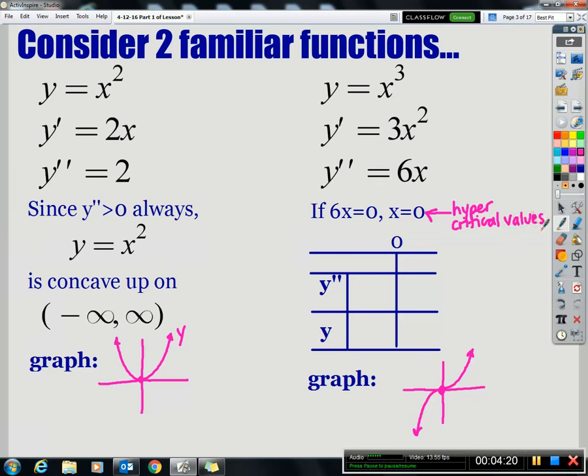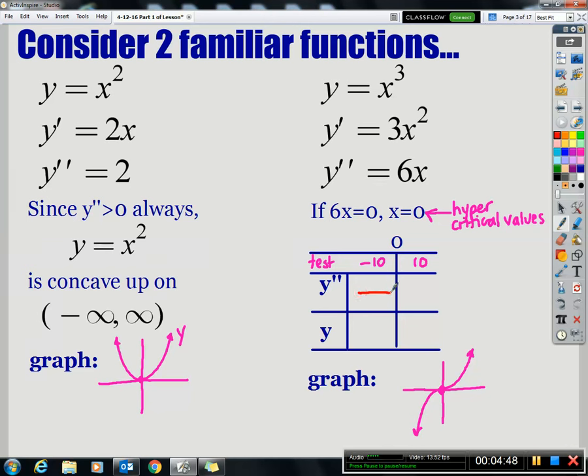When you find when y double prime is 0 or when y double prime does not exist, you're finding what are called hypercritical values. So I'm still going to wind up doing a sign chart for it. Let's pick test values here of negative 10 and positive 10. Well, notice that y double prime, 6x, would be 6 times negative 10, which would be negative.